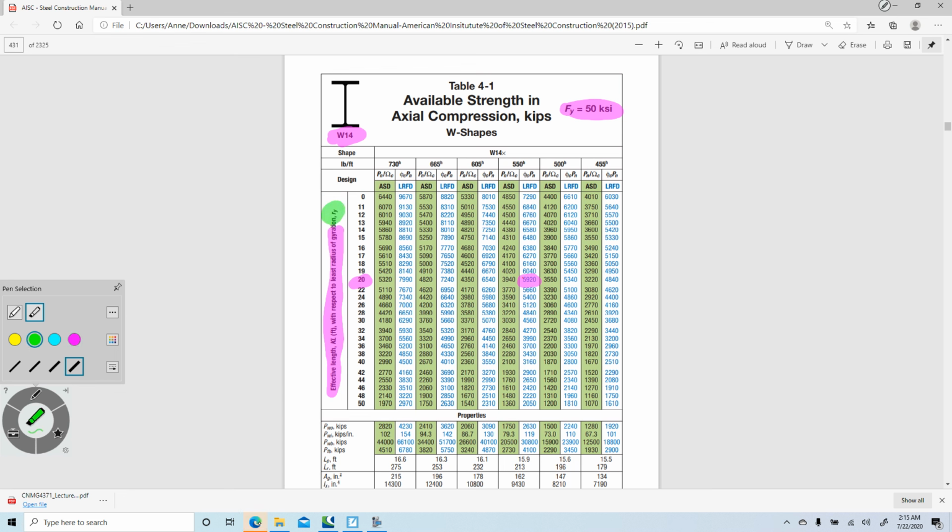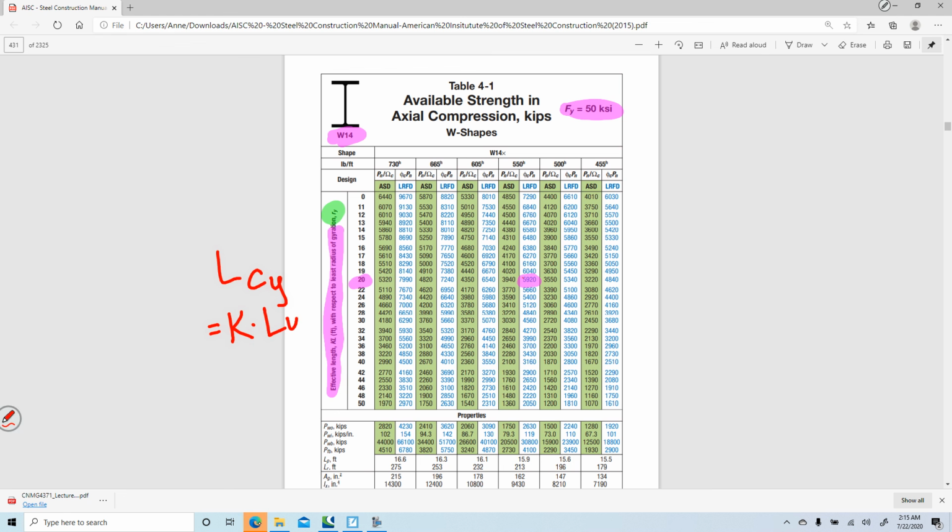This right here, RY. So I'm using an effective length, LCY, which is equivalent to K times LY. So that's what I mean by effective length, KL, with respect to least radius of gyration.